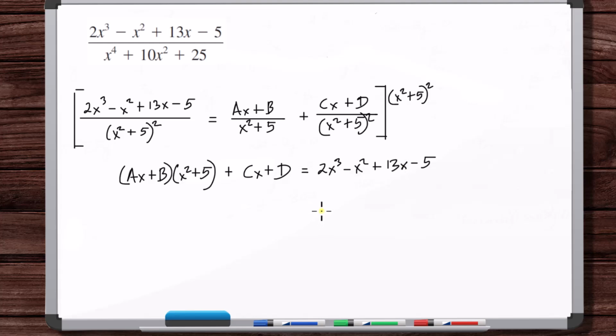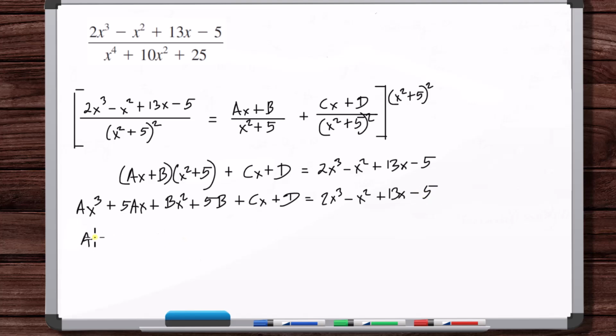Okay, so, we could choose some x's here, but it looks like it'd just be easier to go ahead and just group these. So let's do that. So we've got ax cubed plus 5ax plus bx squared plus 5b plus cx plus d is equal to 2x cubed minus x squared.